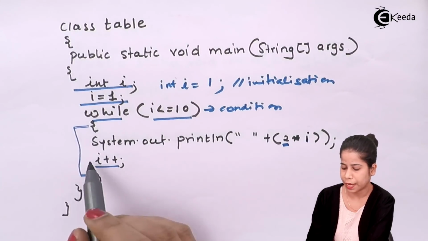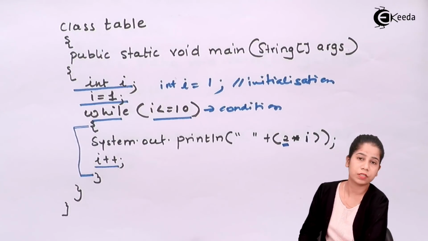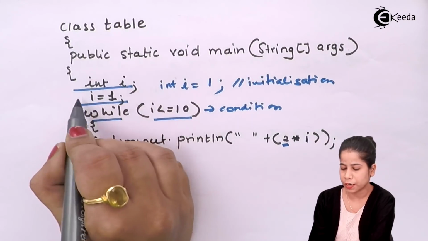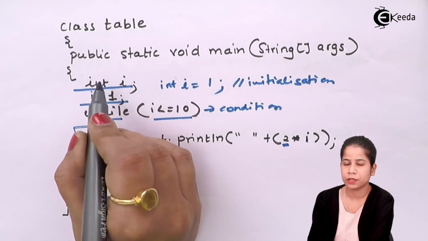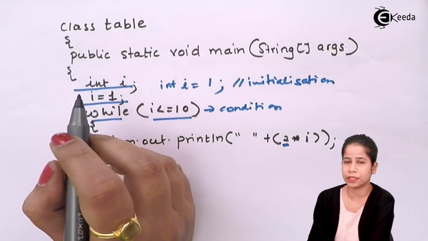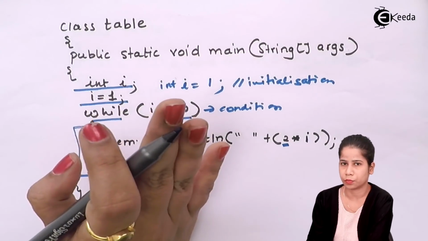After that, I'm incrementing the counter. Let's see how this will execute. First of all, the initialization part will execute. You have to remember one thing: the initialization statement executes only once in the program.